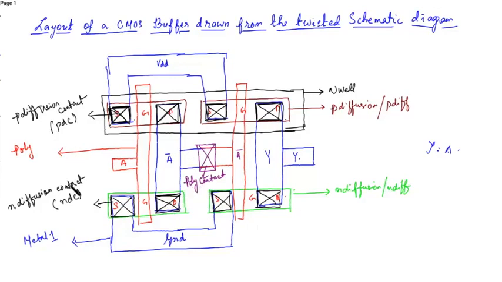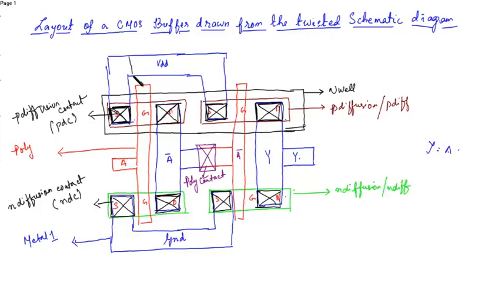Now after placing the diffusion contacts, next you have to place the substrate contacts. The substrate contacts are placed in the VDD and ground layer. On the P diffusion side, that is, VDD is connected to the PMOS or the P diffusion side. So here the N substrate contact is placed.